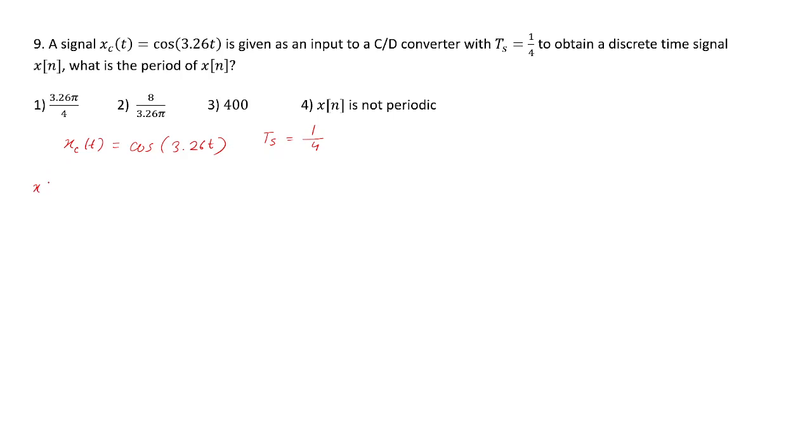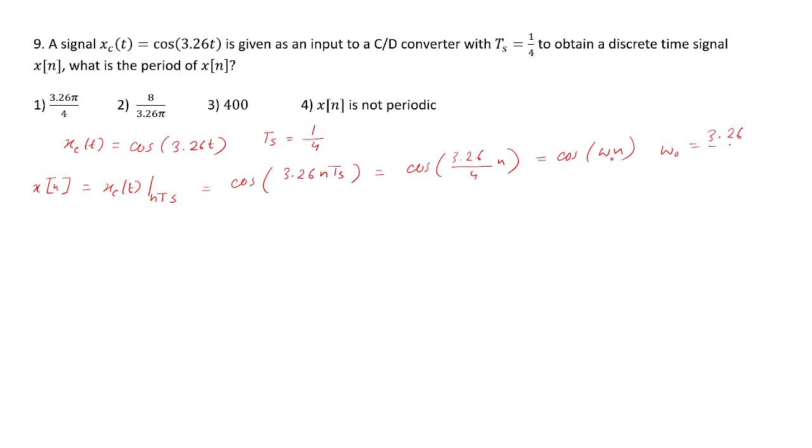So we can write the discrete version as x_c(t) sampled at nTs, which results in cos(3.26 nTs), which is cos(3.26/4 n). I am denoting this as cos(omega naught n), where omega naught is going to be 3.26/4.